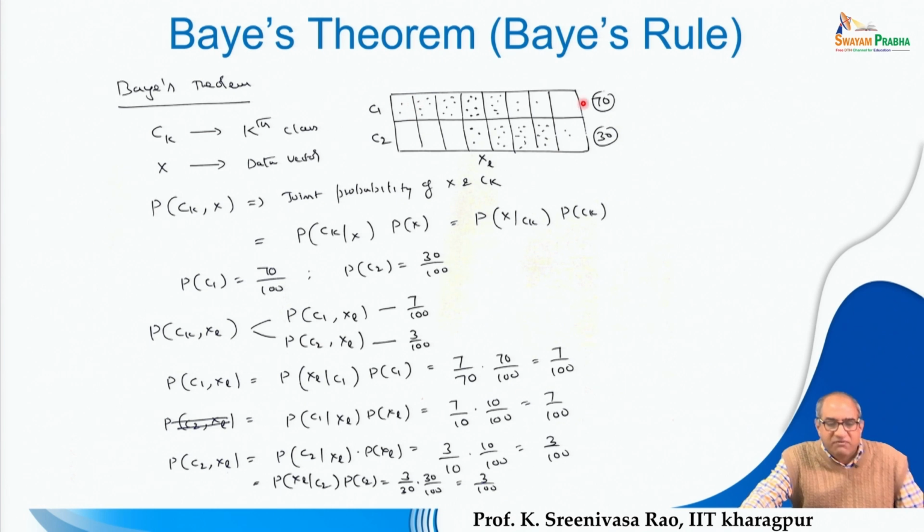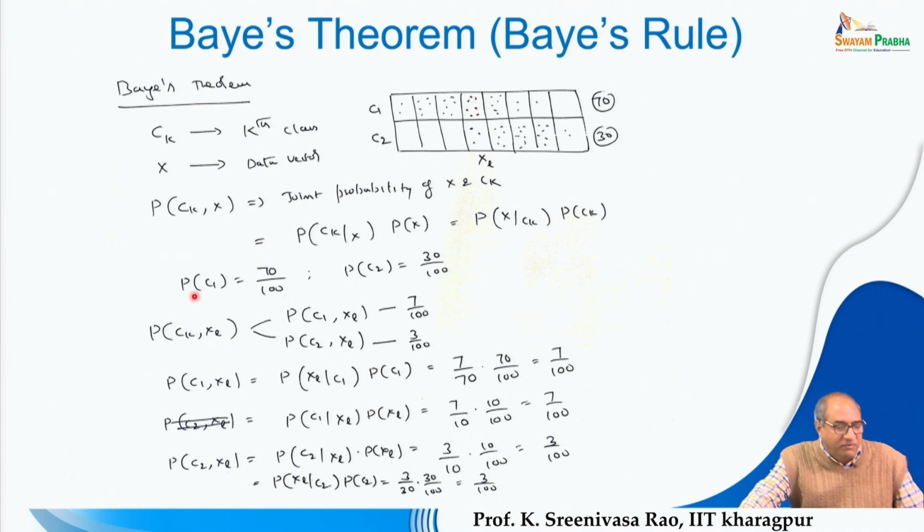This is the C1 region, and this is the XL bin. The overlapped area belonging to both C1 and XL contains 7 points, that means 7 examples fall in this particular cell.